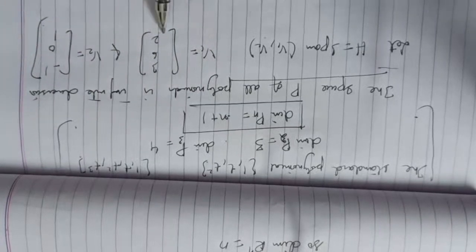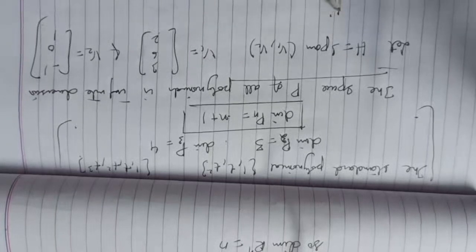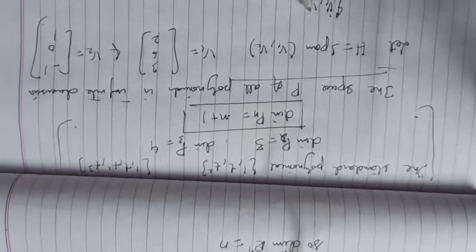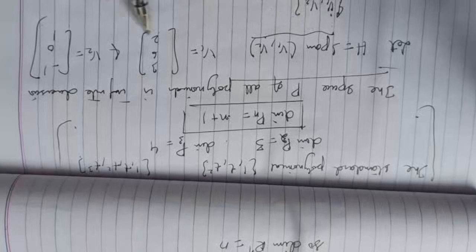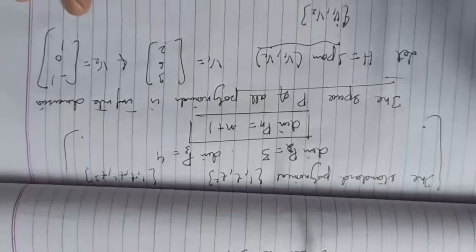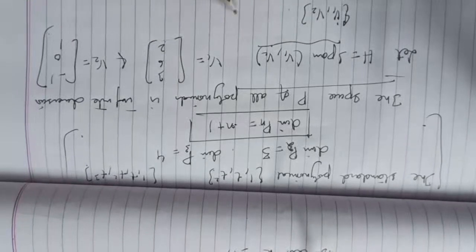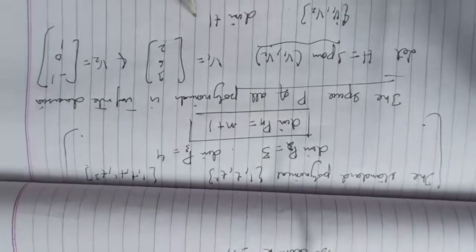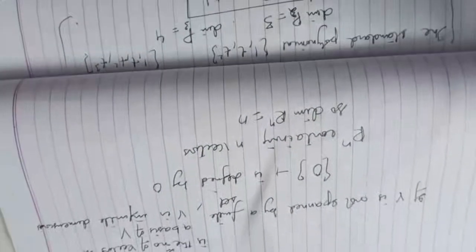We know that this is nothing but a plane in 3 dimensions, and the basis for H will be v1 and v2, because spanning sets also form a basis as long as they are linearly independent, which they are in this case. Since v1 and v2 are independent, the dimension of H is 2, because there are only 2 linearly independent vectors.